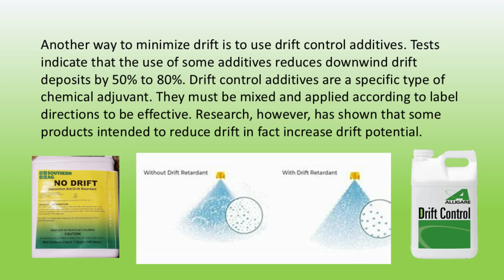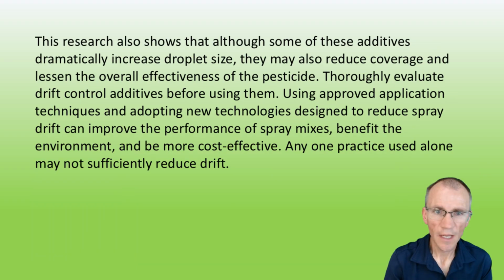Research, however, has shown that some products intended to reduce drift in fact increase drift potential. This research also shows that although some of these additives dramatically increase droplet size, they may also reduce coverage and lessen the overall effectiveness of the pesticide. Thoroughly evaluate drift control additives before using them.